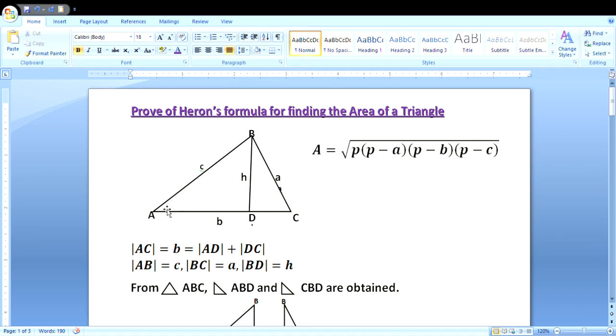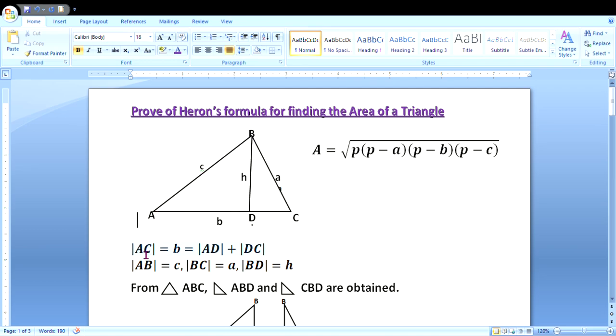So we have a triangle ABC, where AC is b, the side facing angle B. The side facing angle A is small letter a, which is BC, and the side facing angle C is AB.